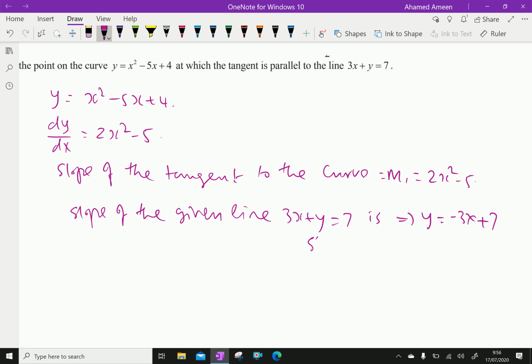Therefore slope is minus 3, that is m2 equal to minus 3.